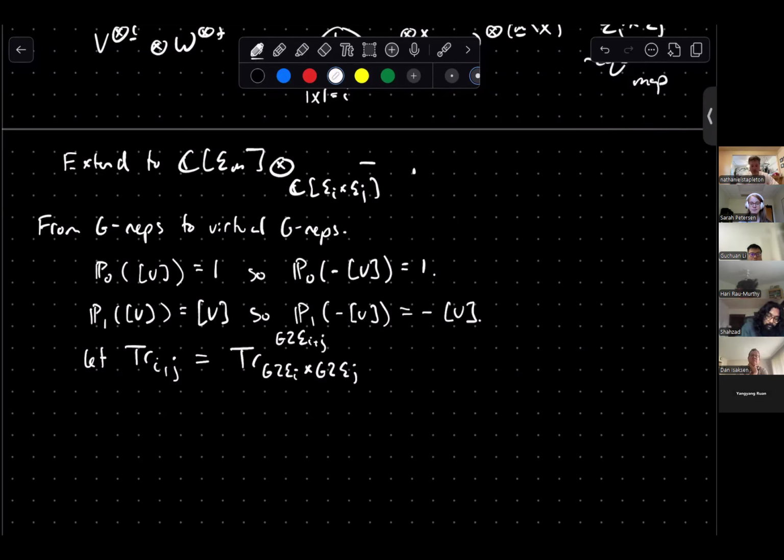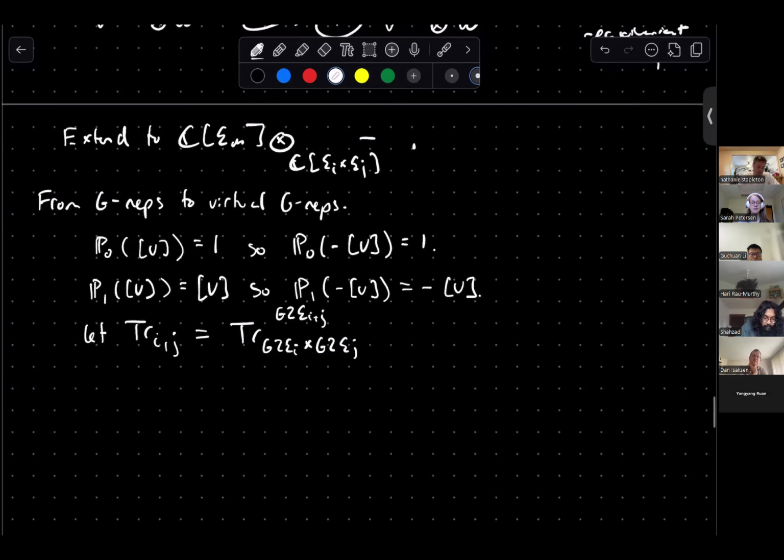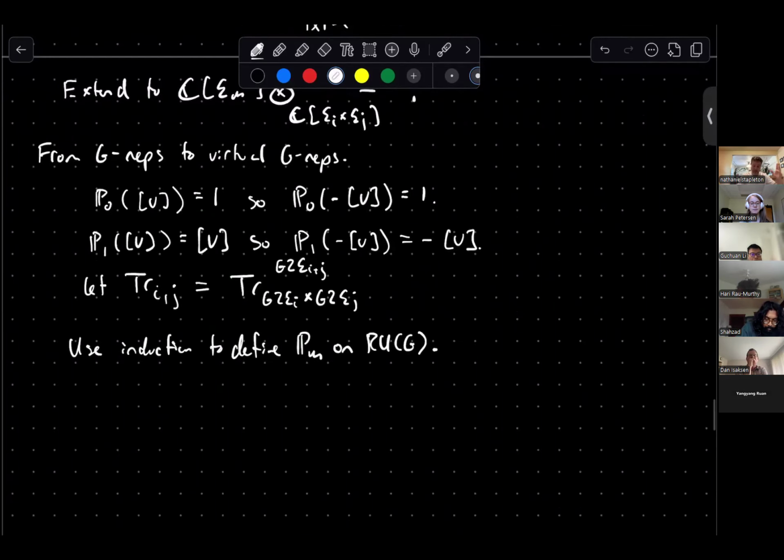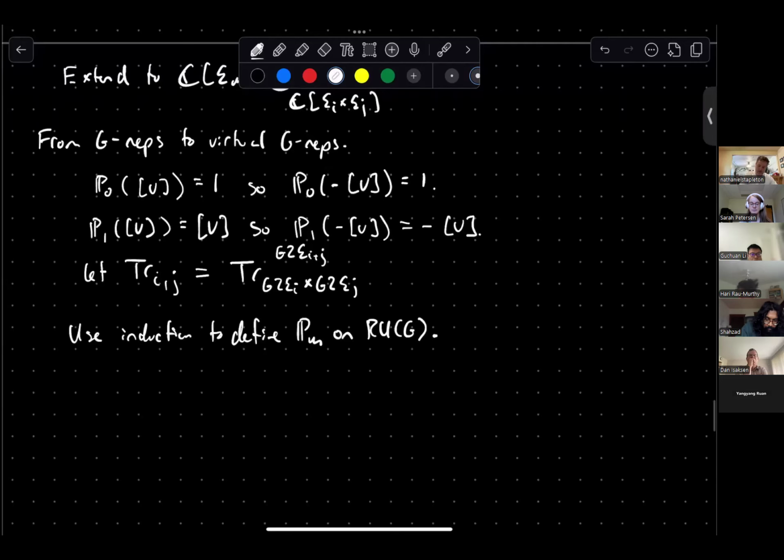Because the right-hand thing takes forever to write. And then what we do is we use induction to define PM on RU of G, all of RU of G. And let me just show you how that process works.